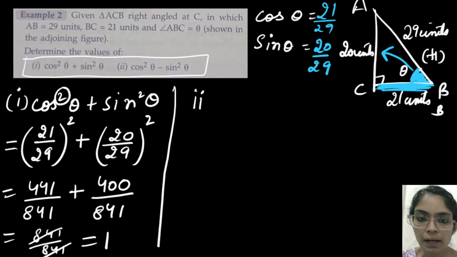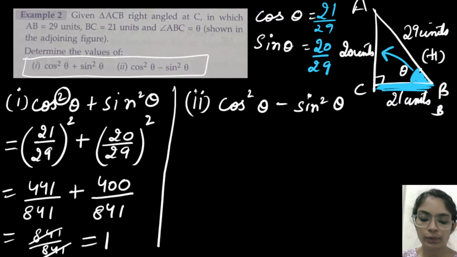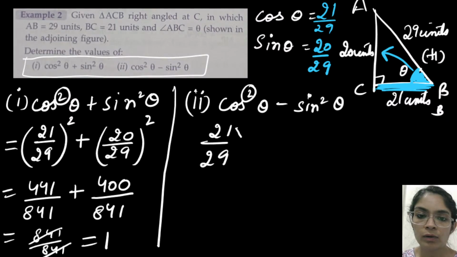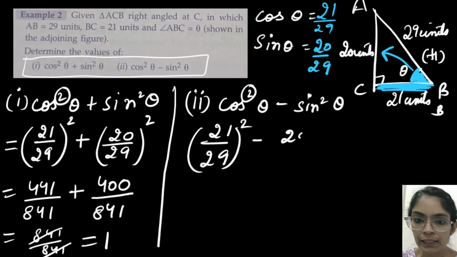Let's do the second part here. The second part is to find cos square theta minus sine square theta. Let's substitute the values. Cos theta is 21 by 29, whole square, minus sine's value 20 by 29, whole square.